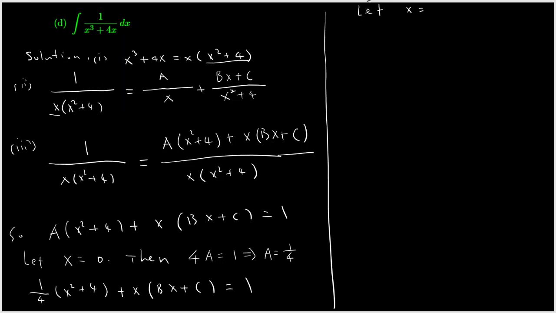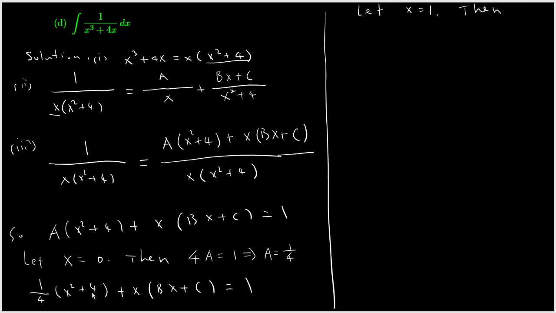X value of 1. We set x to be 1. I will do this a little slower. Now look at the mouse cursor. If we set x to be 1, the first term becomes 5/4.